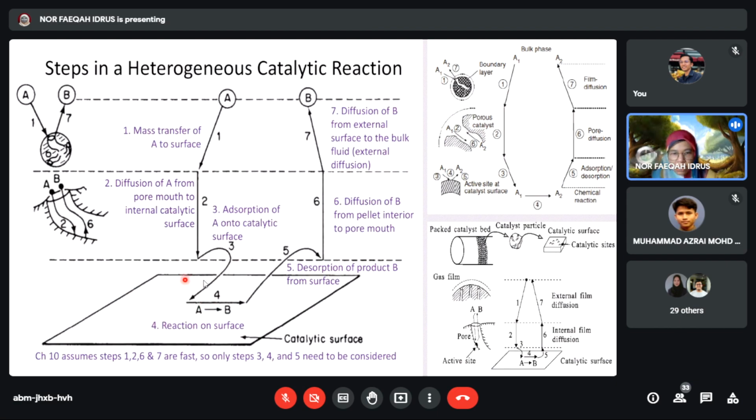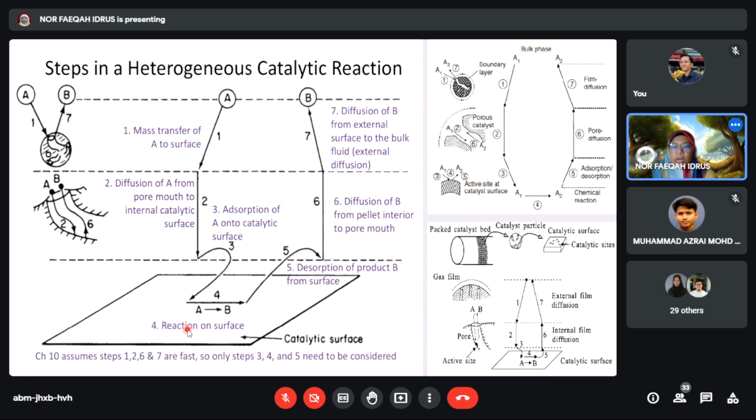So this is the active site of the catalyst, or we can call it the catalytic surface. The reactant will adsorb onto the active site of the catalyst. After the adsorption of the reactant onto the active site, the reaction will occur.